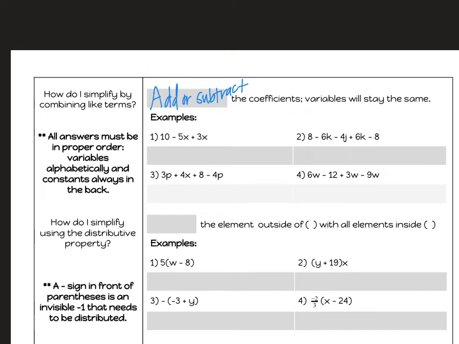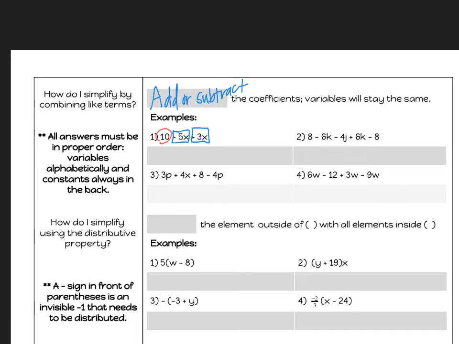So real quick, I'm going to give you a visual representation of the terms that are like. So I'm going to put blue boxes around ones that have x as a variable, and then I'm going to put a red circle around this constant.